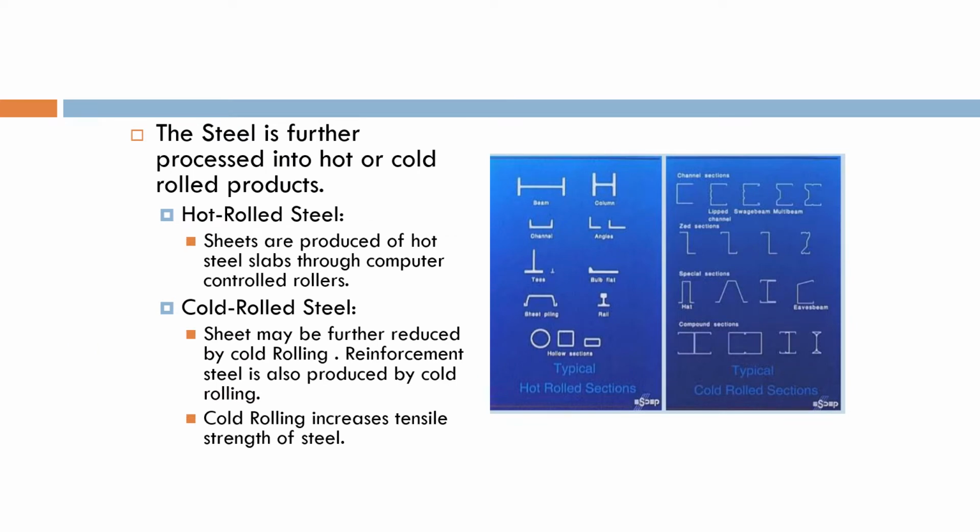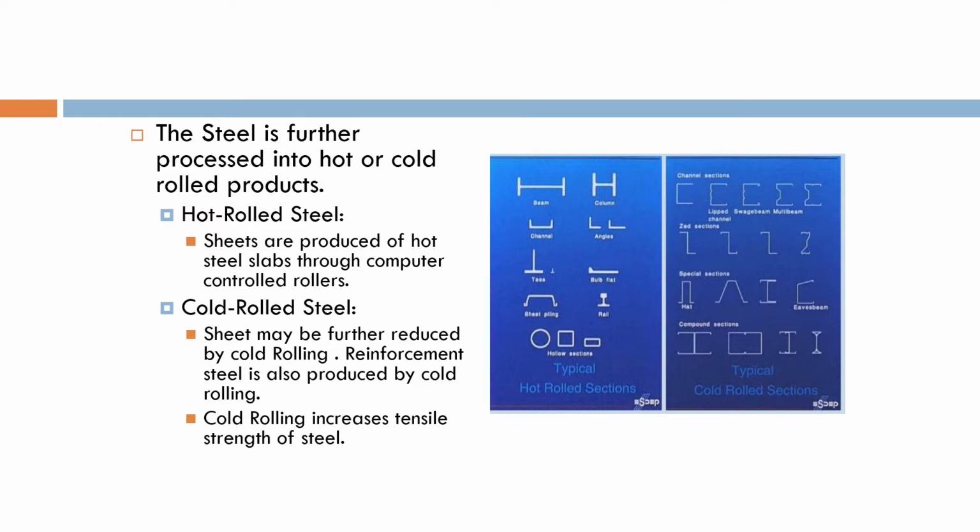Now, you all have understood that there are structural steel members with a certain amount of carbon content in the steel, and hot and cold rolled products are there. So, hot rolled steel and cold rolled steel. Hot rolling is a mill process which involves rolling the steel at a high temperature.